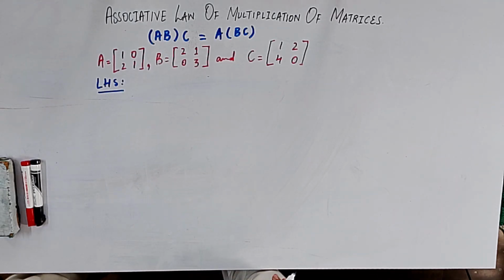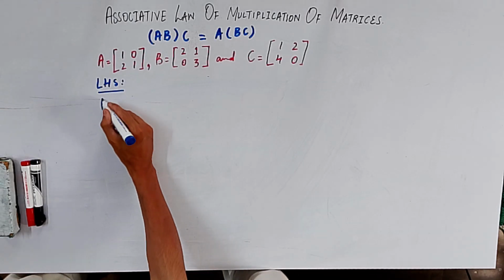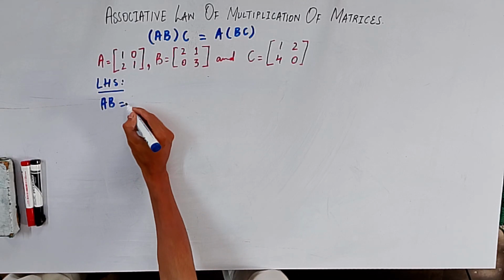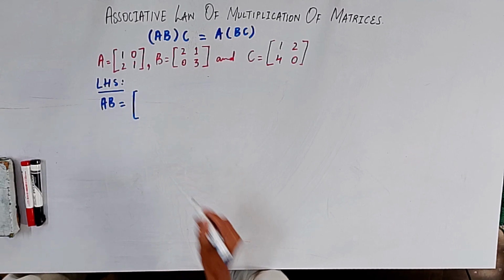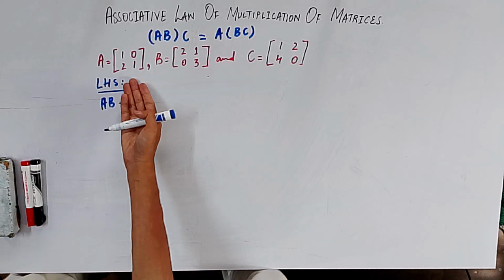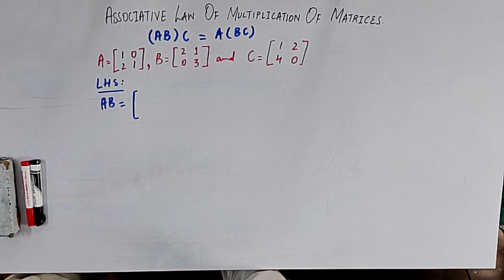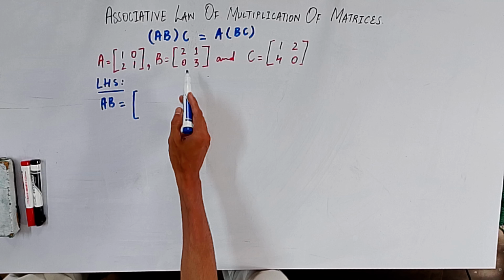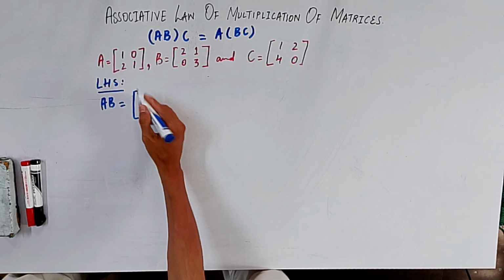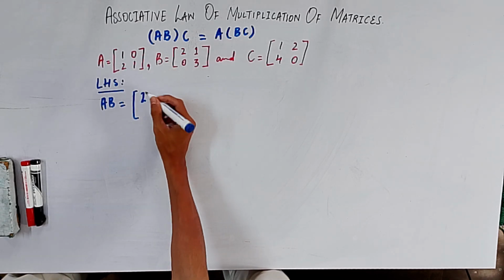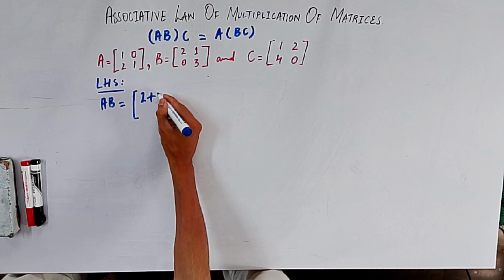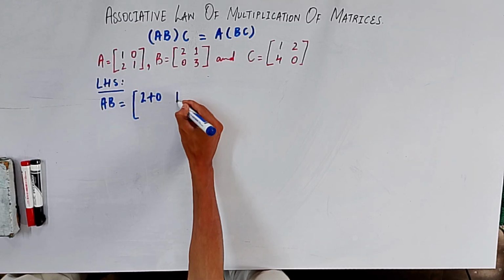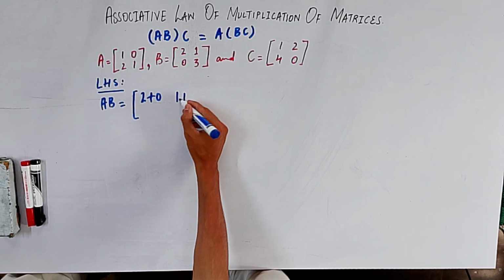So on left hand side we need to do AB first. As we already know about multiplication, as the columns of the first matrix is equal to the number of rows of the second matrix, we can do multiplication over here easily. So first matrix row will multiply with both the columns of the second matrix. So 1 2s are 2, 0 0s are 0, 1 1s are 1, 0 3s are 0.